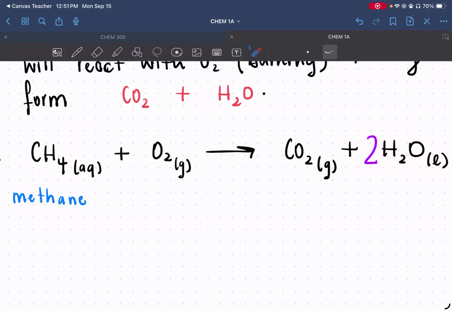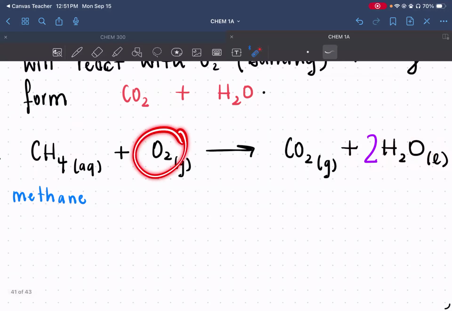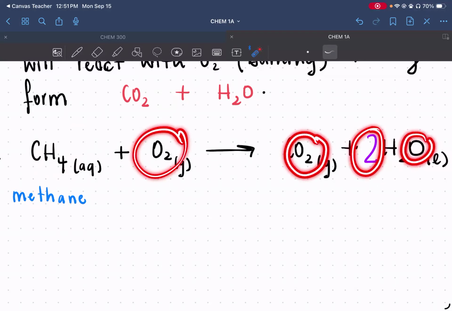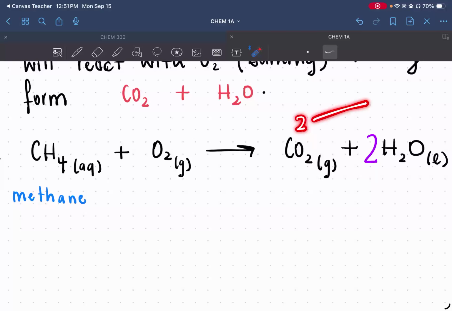Now, there are 2 oxygens on the left, and there are in total 4 oxygens on the right. In total, there is 2 from the CO2 and there is 2 from the H2O for a total of 4. To balance this, we're just going to put a 2 in front of the O2.